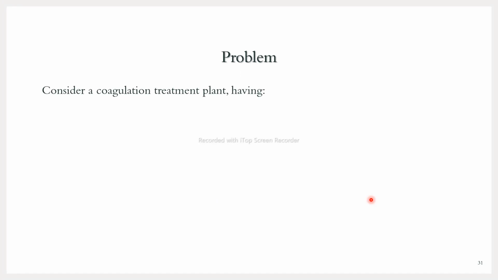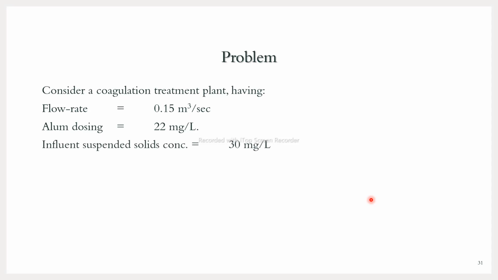So now let's move on to our next problem. Consider a coagulation treatment plant having flow rate equal to 0.15 meter cube per second. Alum dosing is 22 milligram per liter. Influent suspended solids concentration is 30 milligram per liter. Effluent suspended solids concentration is 15 milligram per liter.